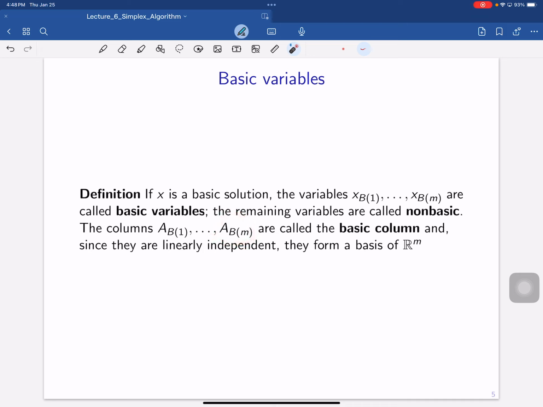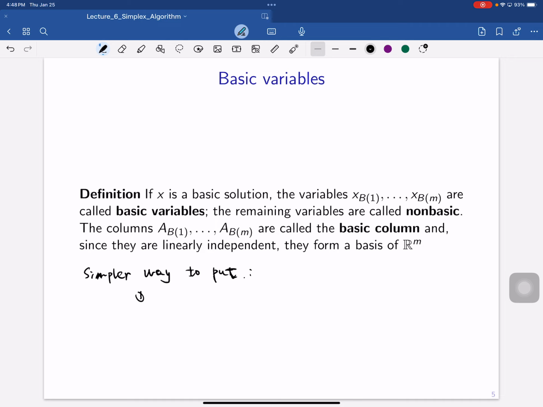Are non-basic variables then just equal to 0? Yeah, exactly. Another very simple way to put it: how to find a basic feasible solution of a standard form problem.